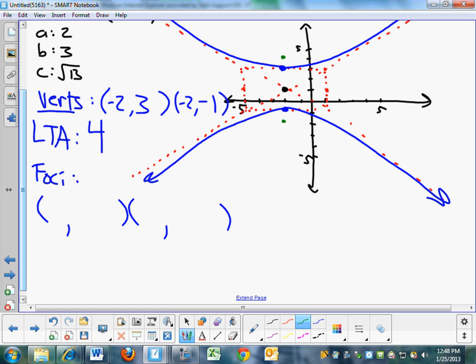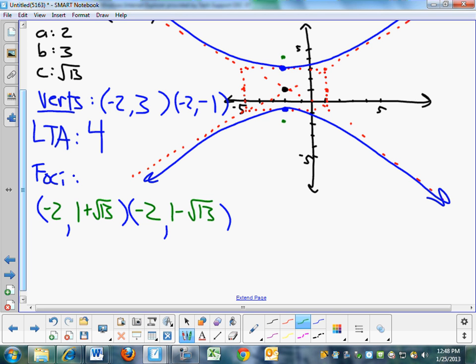So you still have your location of -2 for x, but then you'll add the square root of 13 onto 1, and then you'll subtract the square root of 13 off of 1. And that will get you your coordinates for the foci. Does that make sense?